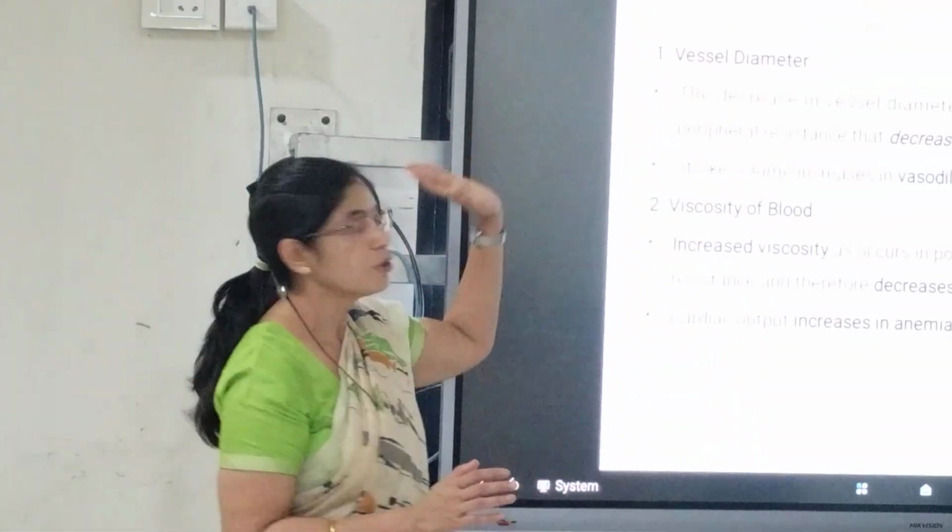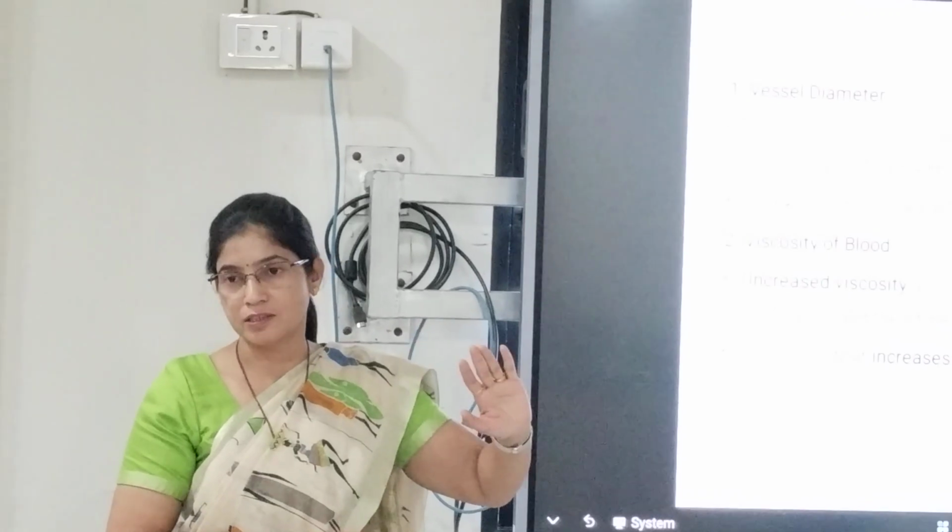So if the diameter is decreased because of any atherosclerotic plaque or any obstruction, what will happen? Your peripheral resistance will increase. And if the diameter increases because of vasodilatation or any drug effect, your peripheral resistance will decrease. So vessel diameter directly affects the peripheral resistance.